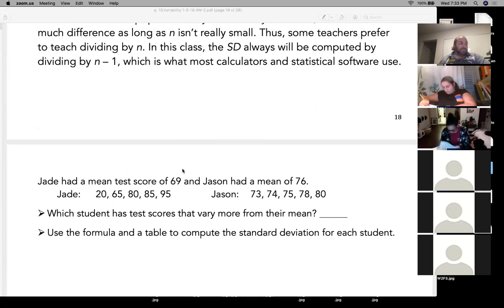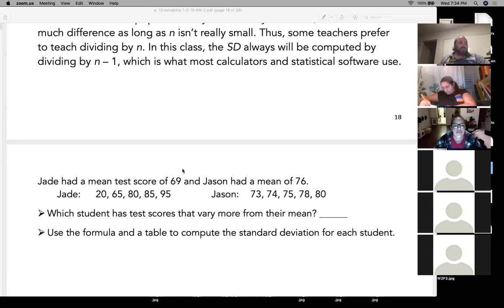So just understand the concept of bias. So let's do another example. It says here Jade has a mean test score of 69 and Jason had a mean of 76.